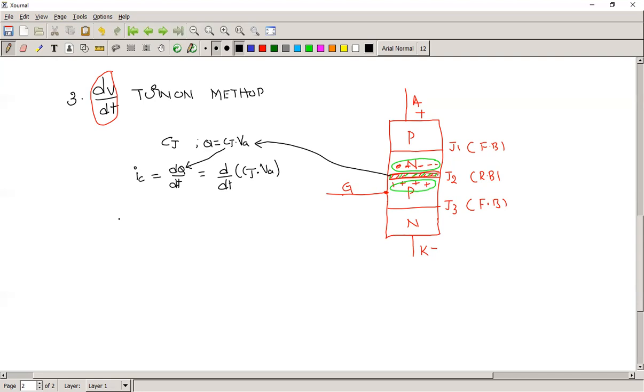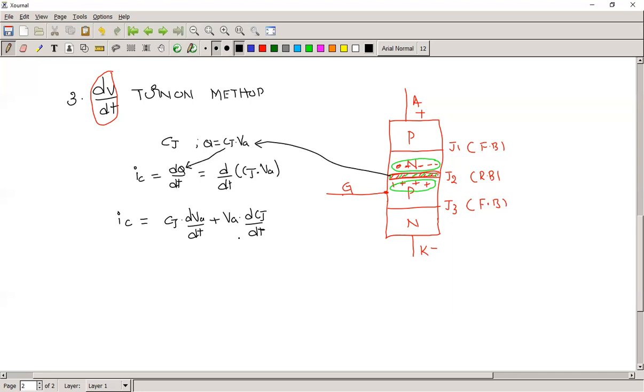Now taking the differentiation, the capacitor current, that is the junction current, IC equals Cg into dVA by dt plus Va into dCg by dt.